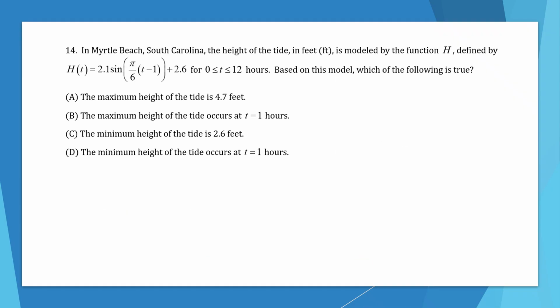14 here, this is a story problem that you can solve without a calculator just by looking at it and sketching the general graph. So here, based on this model, which of the following is true? Taking a look at this, I see an amplitude of 2.1 is your A value, and then I see a D value of 2.6.